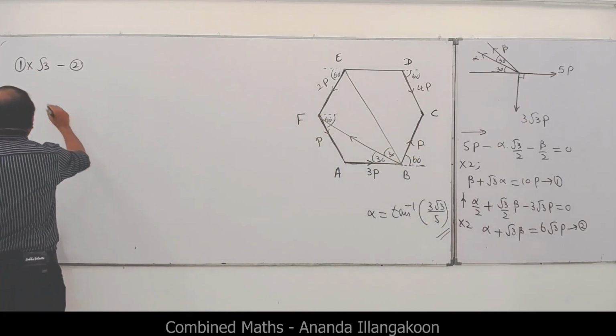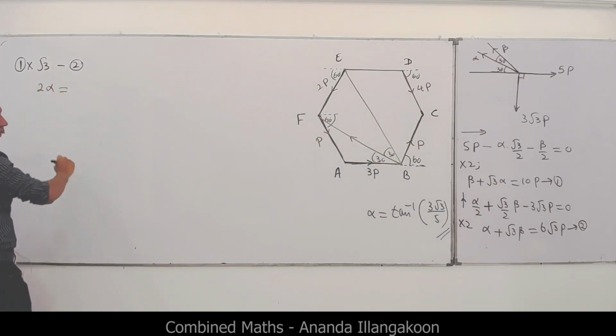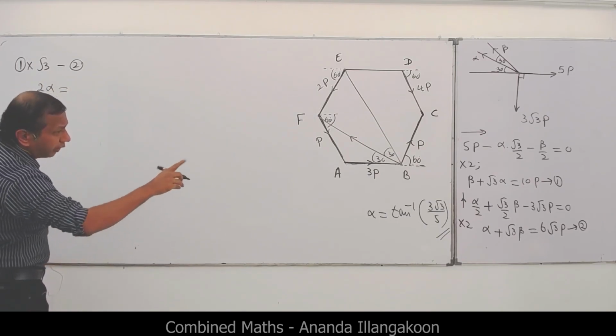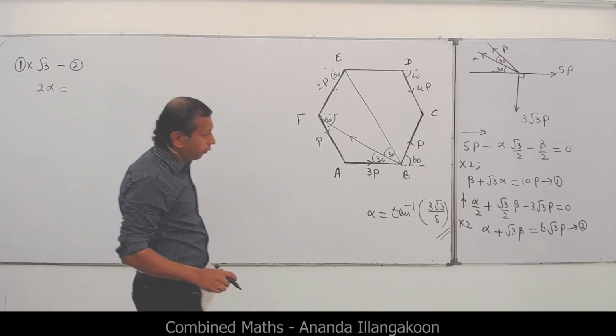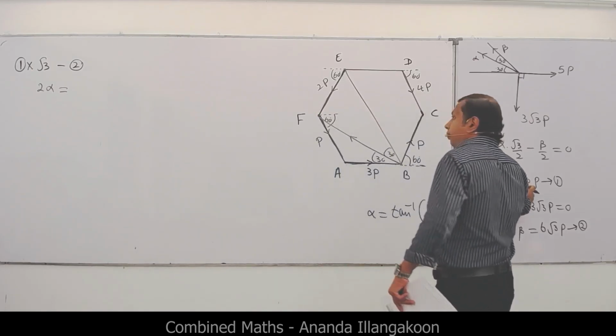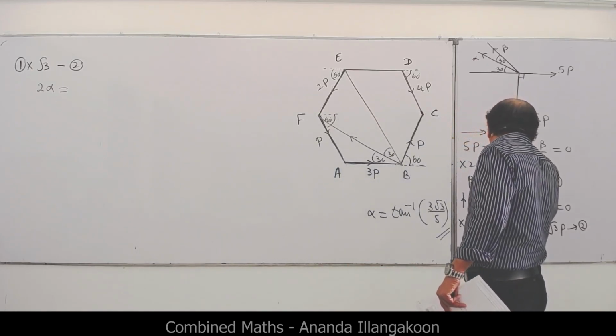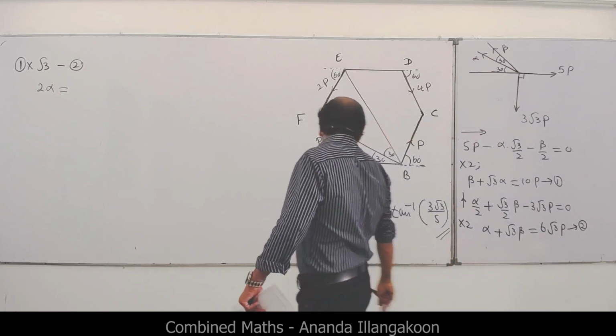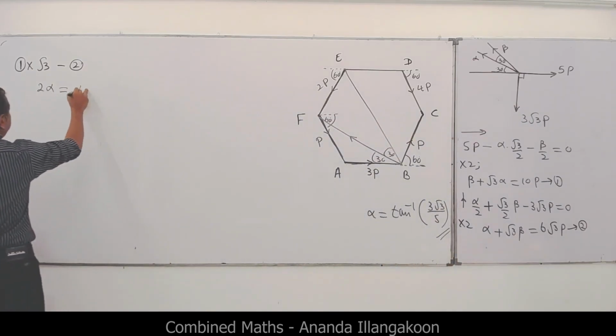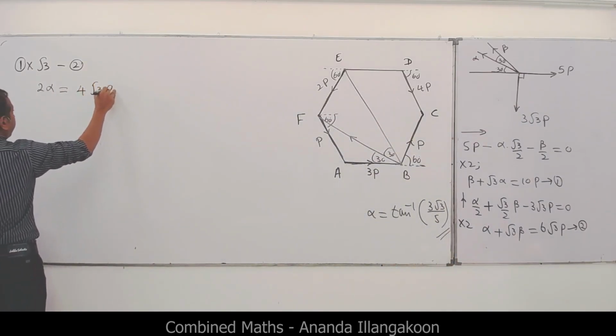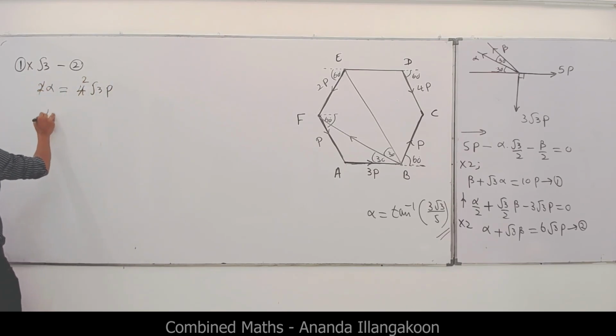On the right hand side, number 1 multiplied by root 3 gives 10 root 3p minus 6 root 3p, which means 4 root 3p. Cancel down this and this, we get alpha is 2 root 3p.